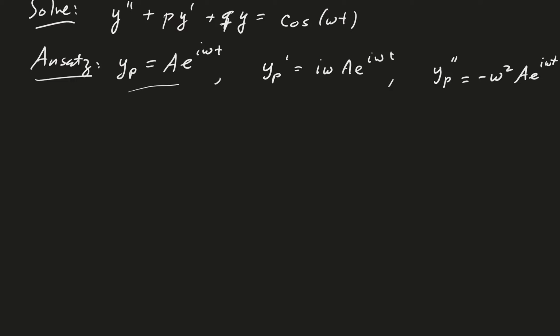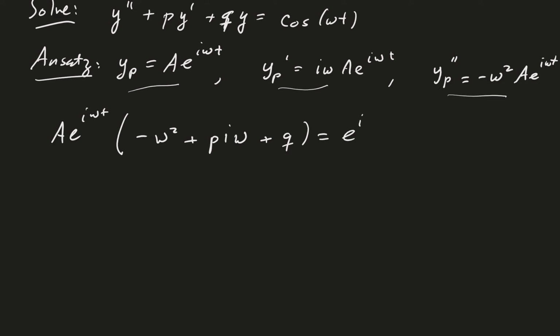I plug in my guess, my ansatz for the particular solution, and then I plug it in. And what do I get when I do that? I'm going to go ahead and factor this out, and then I'll have minus omega squared plus p times i times omega plus q, equals e to the i omega t.